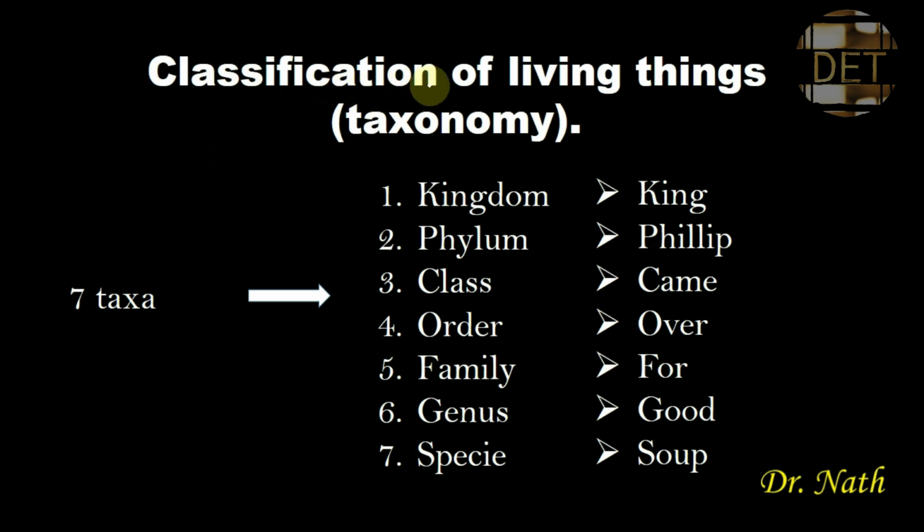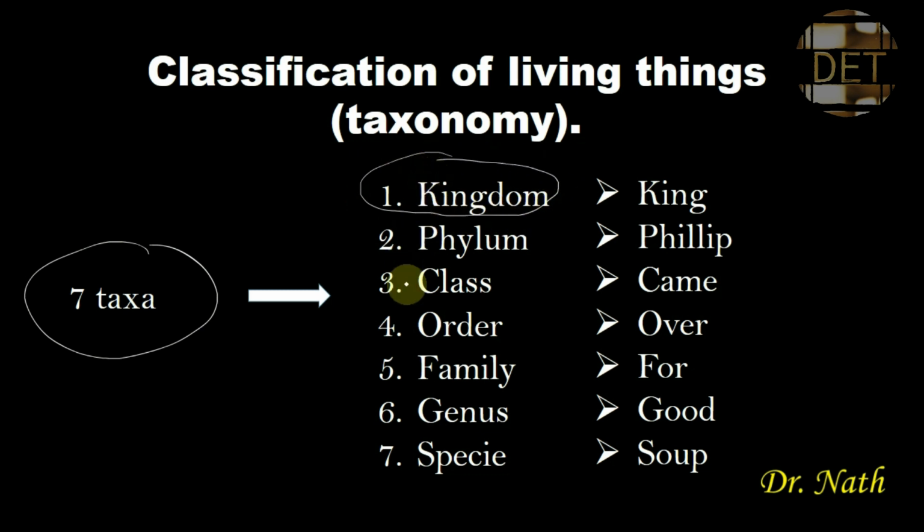So like I said, living organisms are classified into 7 taxa. This is very important. And as we progress from kingdom to the species, the number of organisms start decreasing. Where we have the largest number of organisms is in the kingdom, while the taxa where we have the smallest number of organisms is in the species.